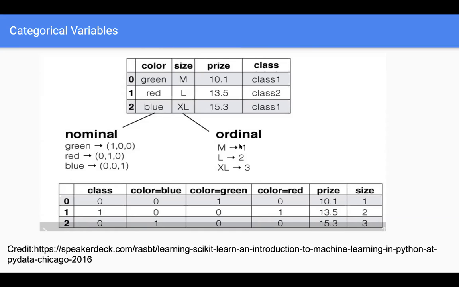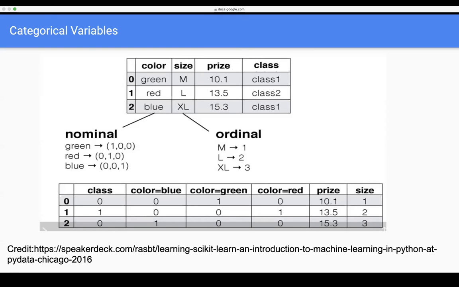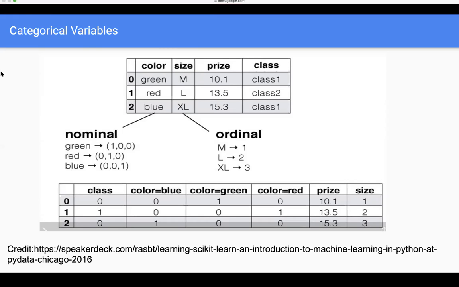There are different techniques for representing these values as integers. You must be thinking, how do we convert all these values? For small categories, this is fine. Green you could represent by 1, 0, 0, but if you have a lot of different categories, doing that manually is a very tedious activity.